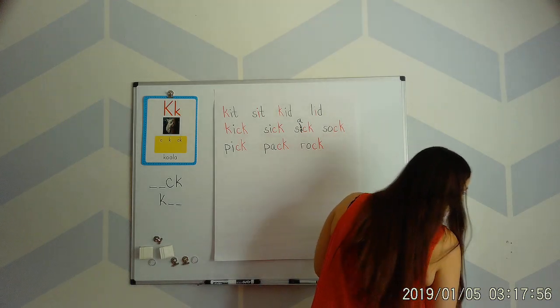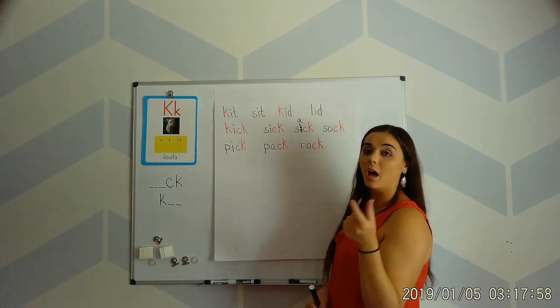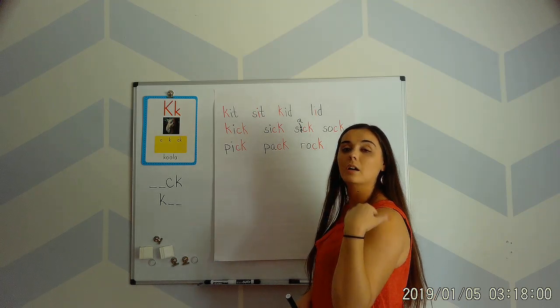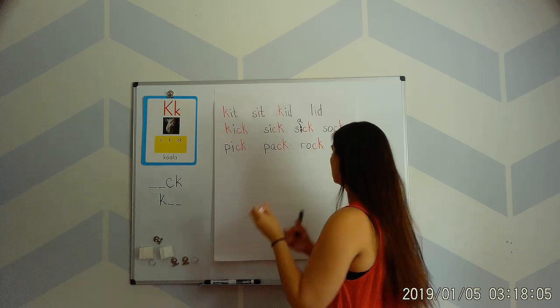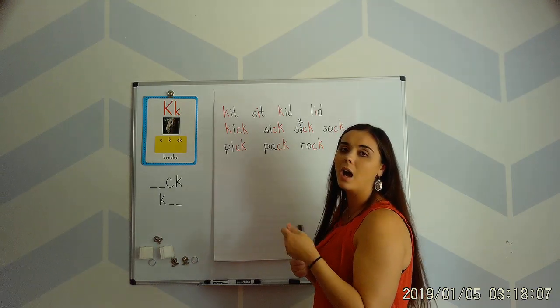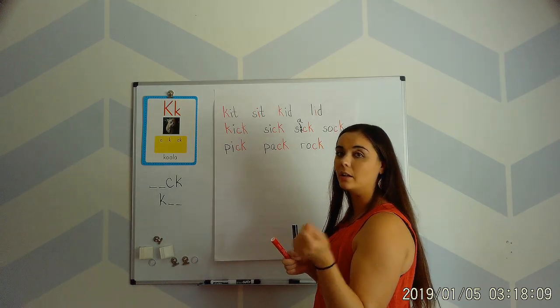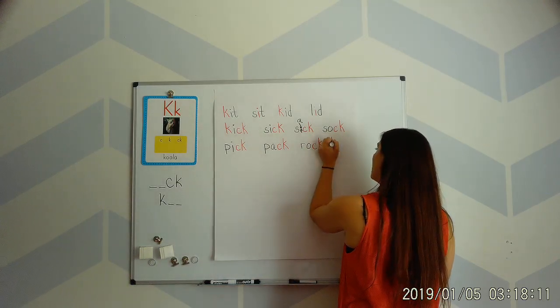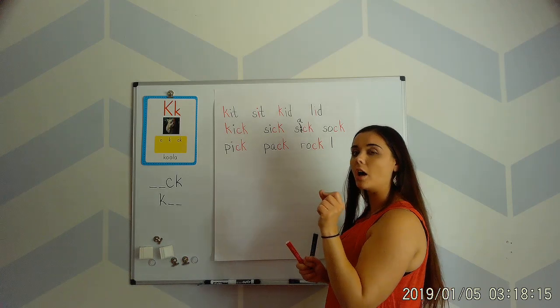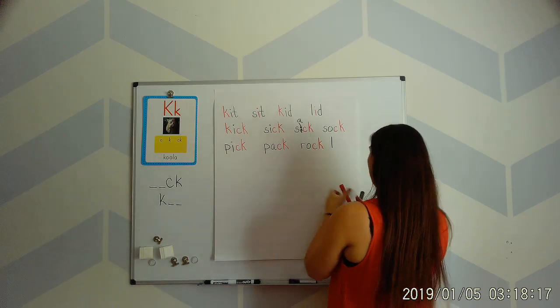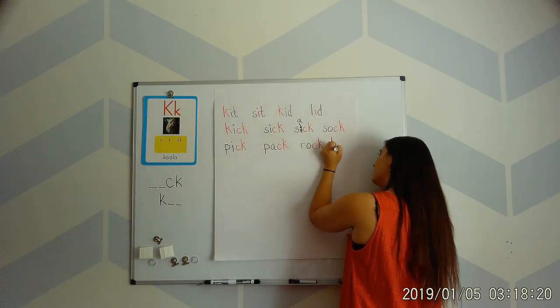Rock. And last word. Lock. Your turn. Lock. So at the beginning of the word lock, what letter do you hear? L. Yeah, we have that L. And then what do you think comes next in lock? Oh, I hear an O there.